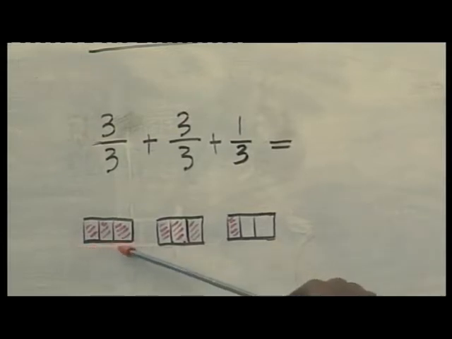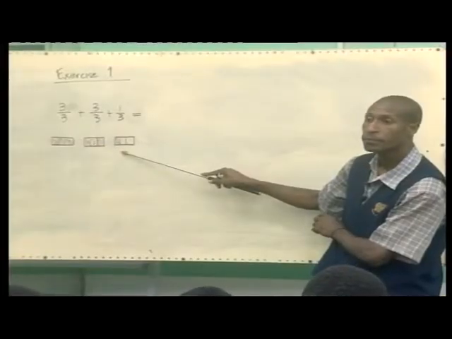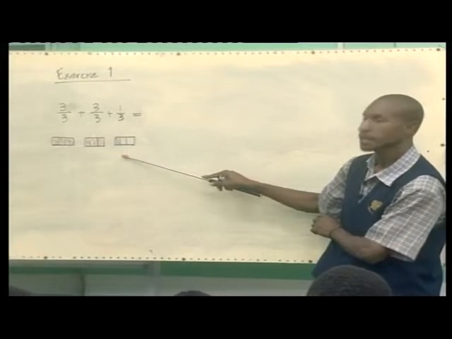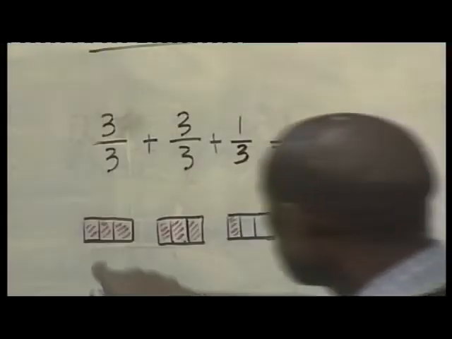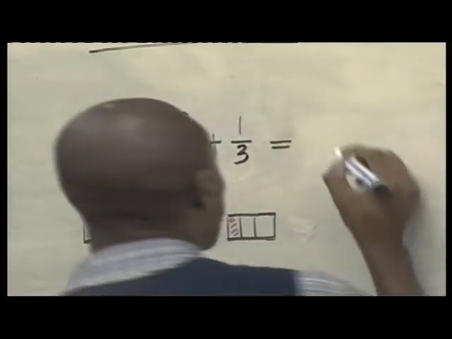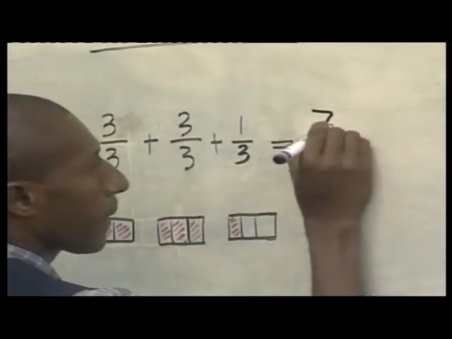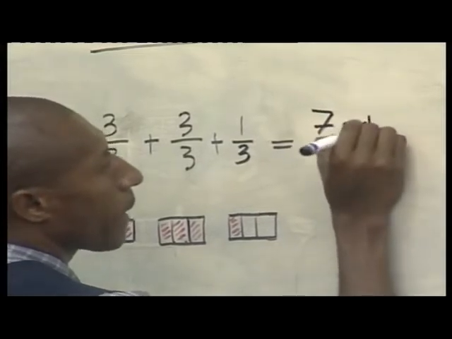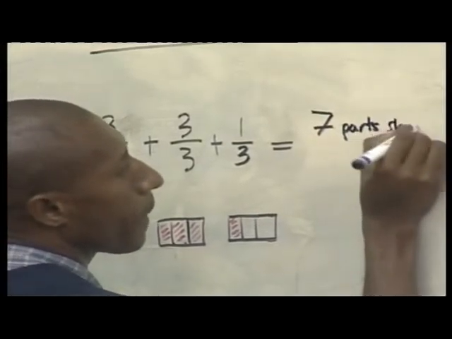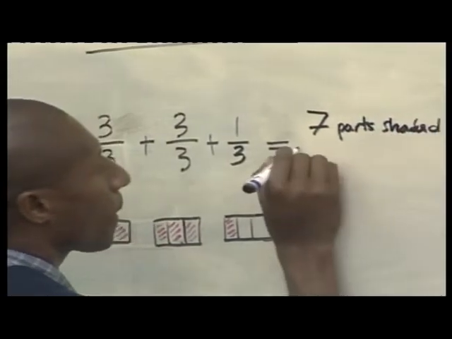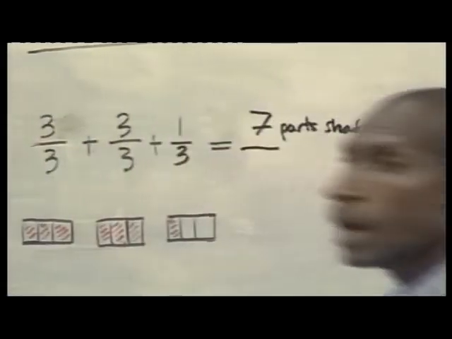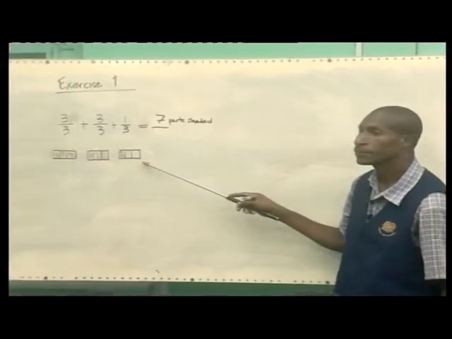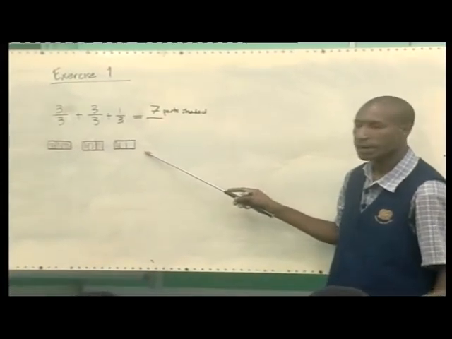So 1, 2, 3, 4, 5, 6, 7. 7 parts have been shaded out of how many equal parts? 3 equal parts.